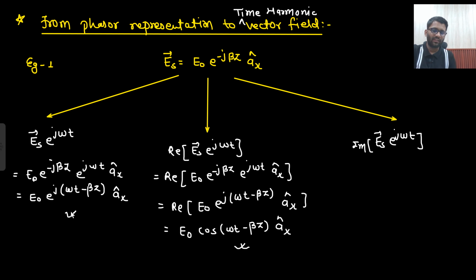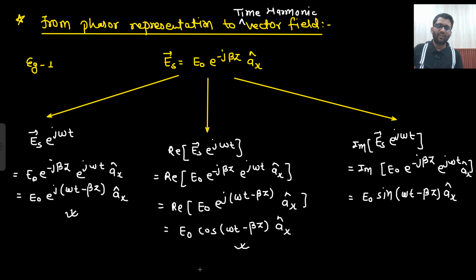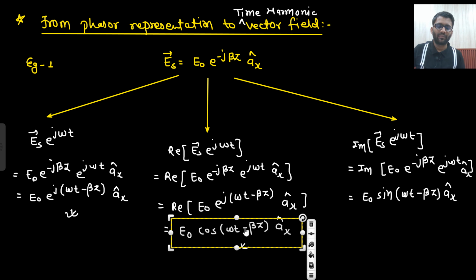From this phasor we will get another representation. What would that be? You can write that down on your own. Minus j beta z e to the power j omega t Ax cap. So for the imaginary part I need to take, directly you can see it will be a sinusoid. Okay, so you are getting three answers.